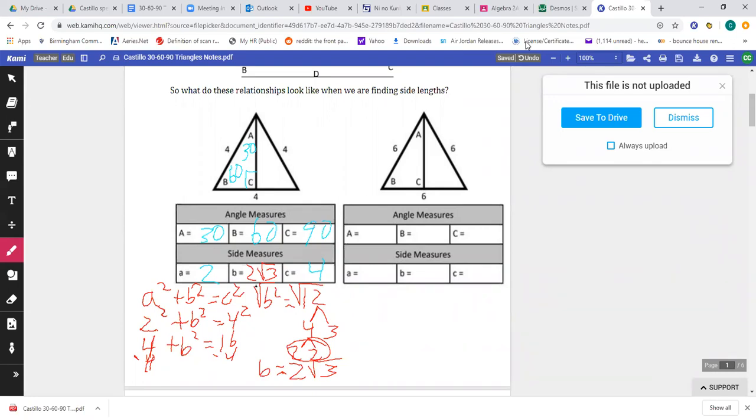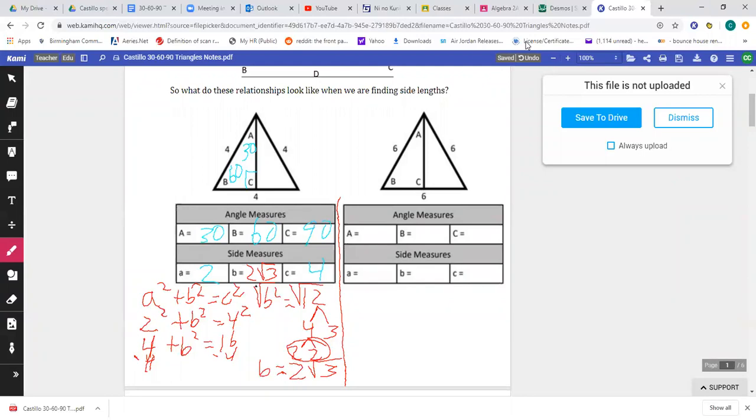So those of you that just came in right now, we're exploring a 30, 60, 90 triangle. So once again, I'm going to show you guys what we did. If you have an equilateral triangle, because all of the sides are 6, right? If I cut it in half, and all the angles would be 60.